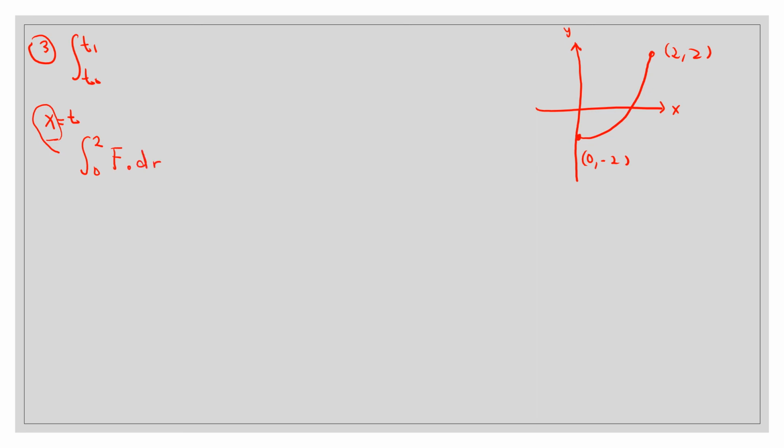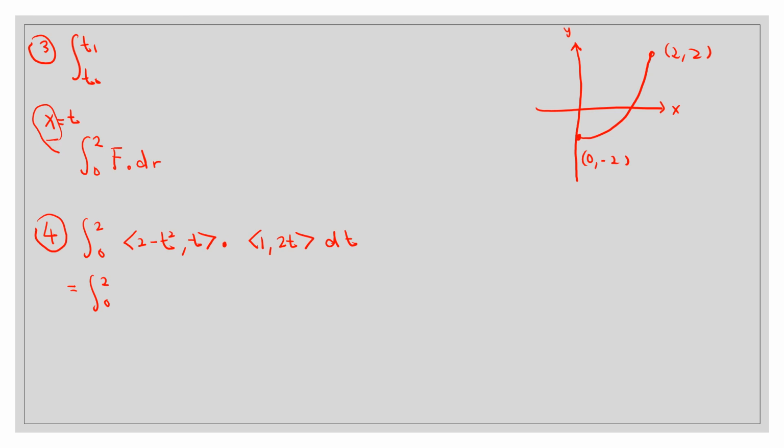So for step 4, we just substitute F dot dr. So F here is (2 minus t squared, t) dot dr here is (1, 2t) dt. So before we integrate it, we need to solve the dot product.